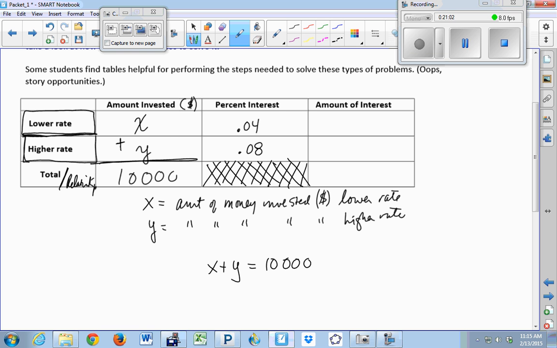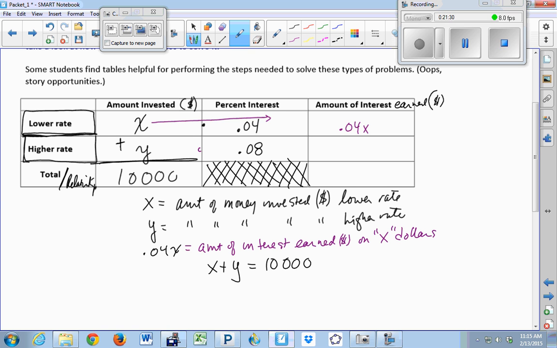Now, the amount of interest earned in each account. So if we were writing this out on Wednesday, we would say 0.04 times X. In other words, I just multiply straight across. And that tells me the amount of interest earned in dollars on X dollars.